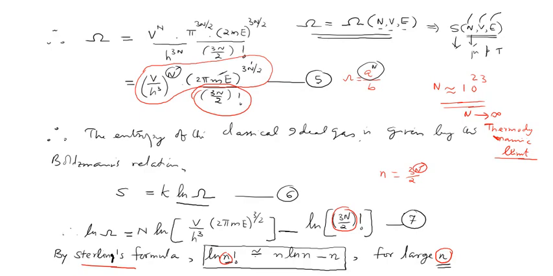I'm applying Stirling's formula. So what should be the second term? It should be log of n factorial, where this n is your 3n by 2. So that should be equal to n log n minus n. Let me open up n equal to 3n by 2. So minus 3n by 2 log of 3n by 2, and then minus the other term: minus n is minus 3n by 2.